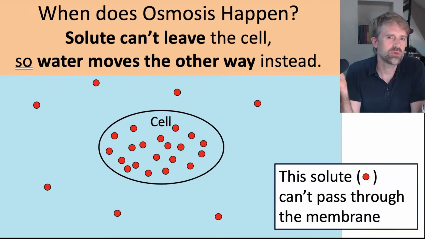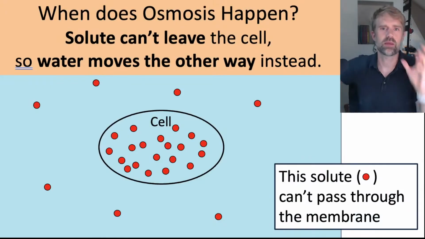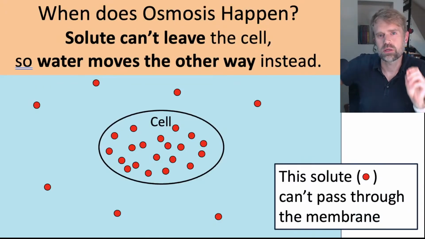So water moves the other way instead. Let me say that again, because it's a big shift. Osmosis happens when solute can't leave the cell. So water moves the other way instead.